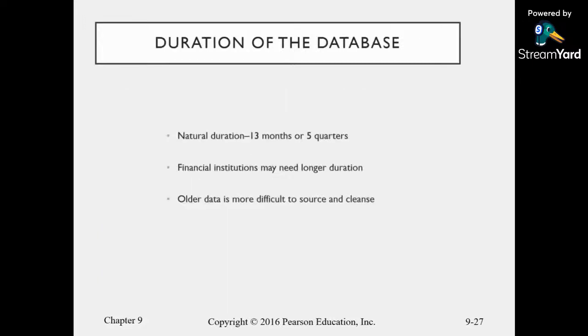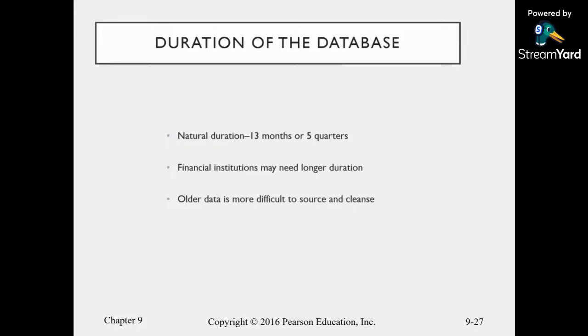Then we look at the duration of the database. Normal duration is usually 13 months or 5 quarters. A quarter is 3 months, so for a year we're looking at 5 quarters. If it's a year, then we're looking at 3 plus another 3, and that will be 15 months.